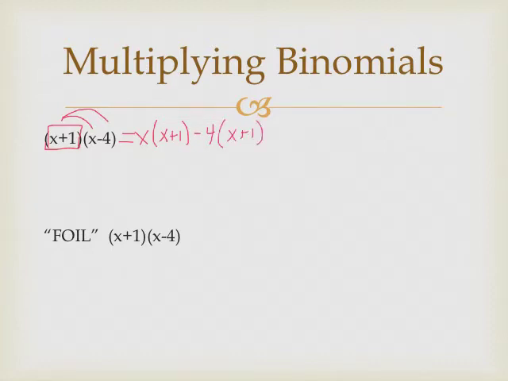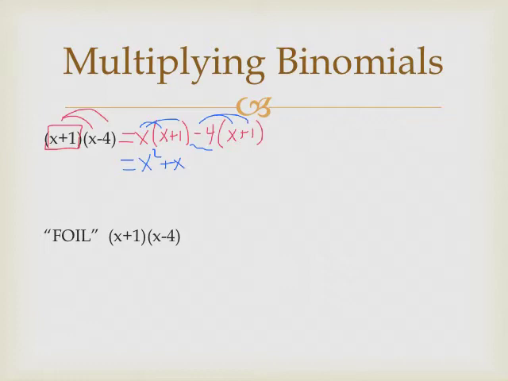And then what I have is really just 2 examples like what we had just done, where I can distribute the x's. So I have x times x is x squared, x times 1 is x, and then I can distribute this negative 4. And so I would always distribute the negative 4. Don't just distribute the 4, because if you only distribute the 4, what you need to do is keep that second part in parentheses and then distribute the negative sign.